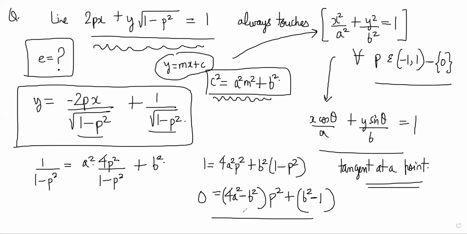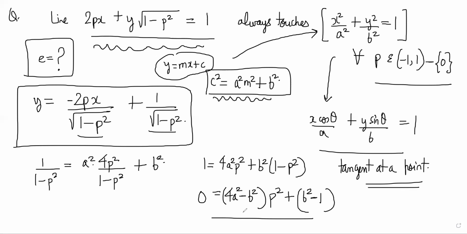p belongs to minus 1 to 1, not becoming 0. So like b square should be 1 and 4a square should be b square. b square should be 1 and 4a square should be... Why?